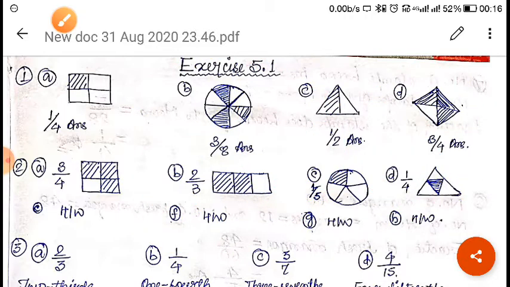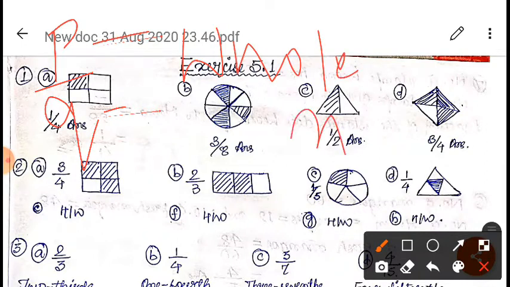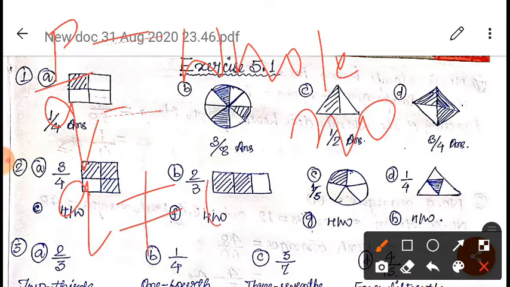But when we talk about a fractional number or how to write a fraction, a fraction is always written in p by q form, where this P and this Q both are whole numbers, and this Q is not equal to 0.